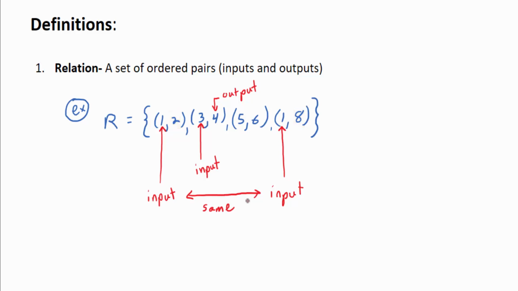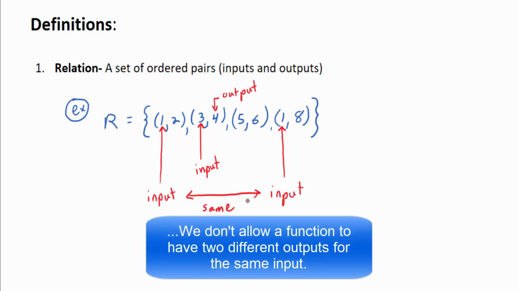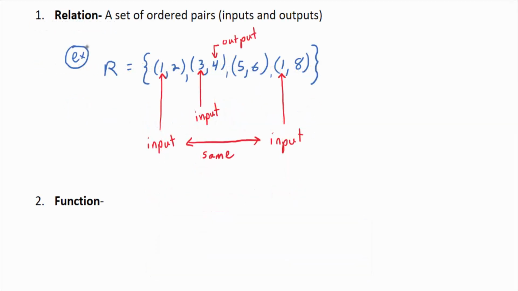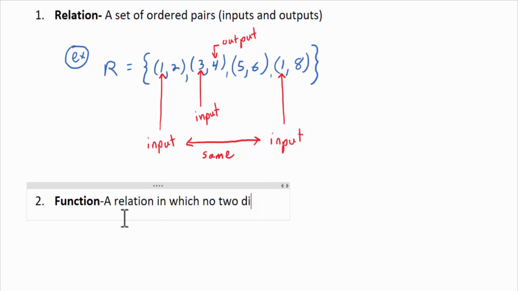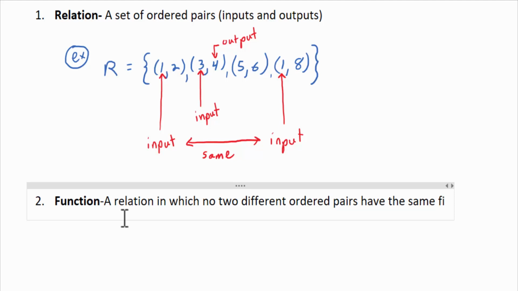And so we refine the definition of relation to the definition of function, and we don't allow this kind of thing to happen. We don't allow 2 different outputs. So that's the next definition. A function is a relation in which no 2 different ordered pairs have the same input or same first coordinate.